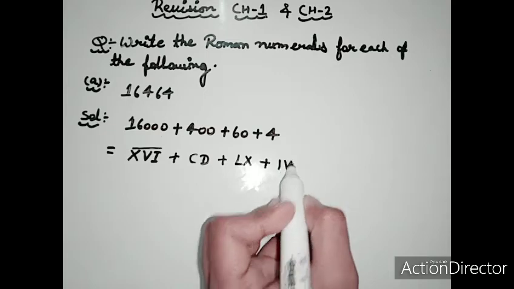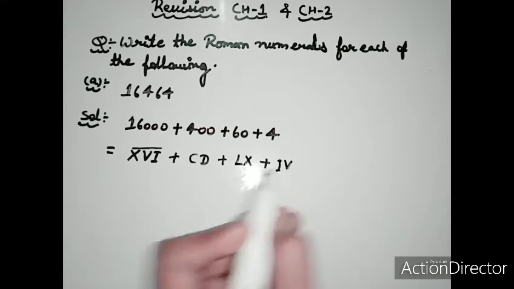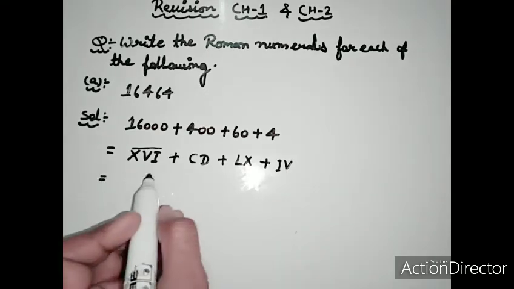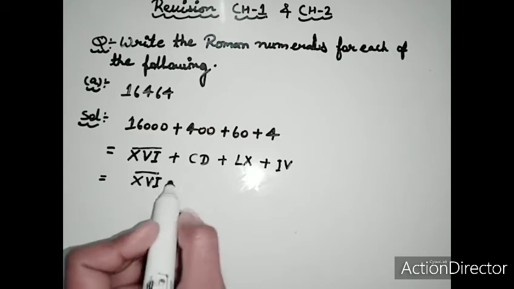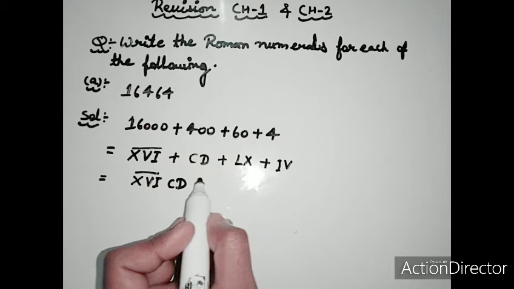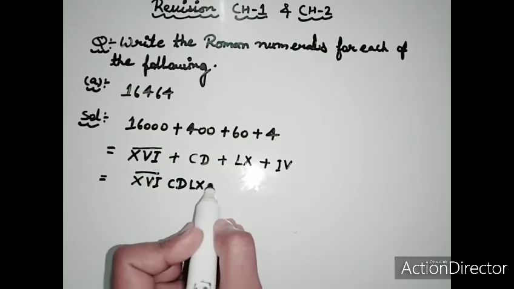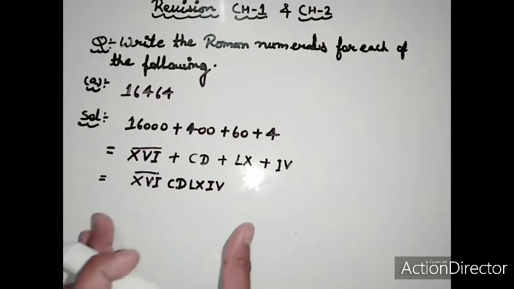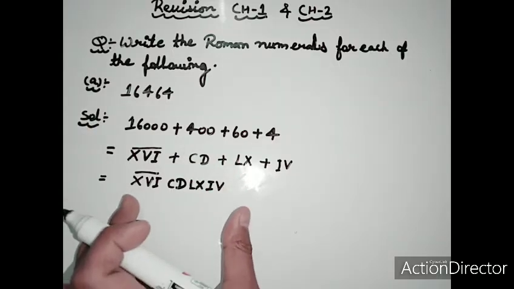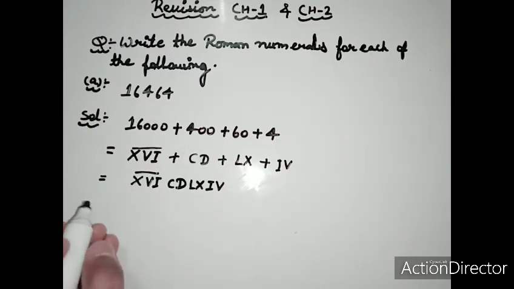Now we write 4 here, so here we subtract 1 from 5, so we get the number 16,464. So this is the Roman form of this number, 16,464. Now we take another example.